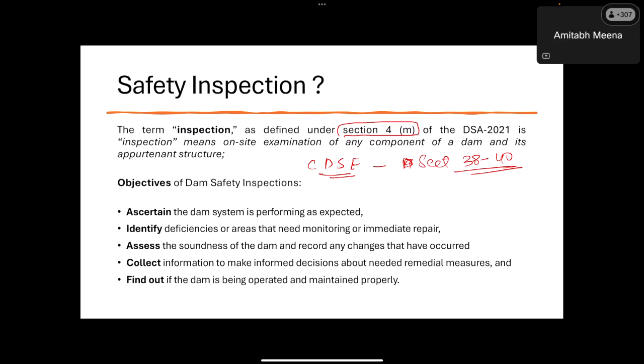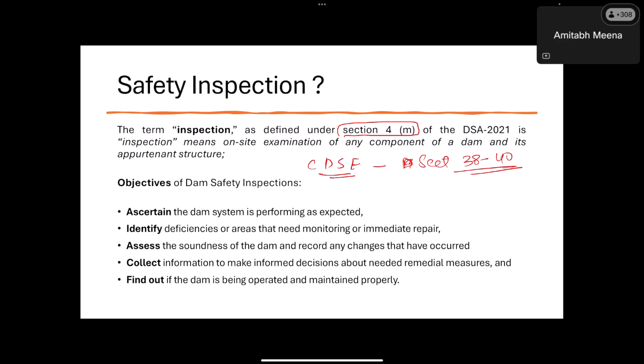So these safety inspections, pre and post monsoon inspections, are meant for that purpose only. Safety inspections also include whether operation and maintenance is being done regularly or not, whether gates are painted regularly or not. Everything regular maintenance is covered under safety inspections.